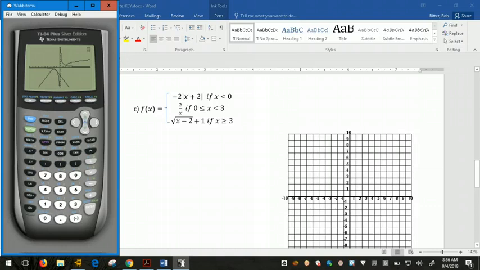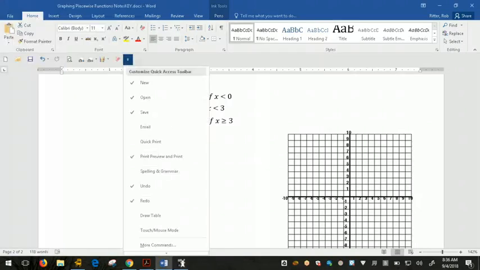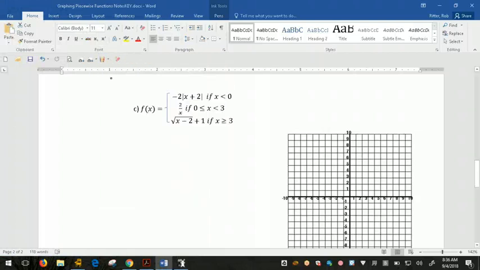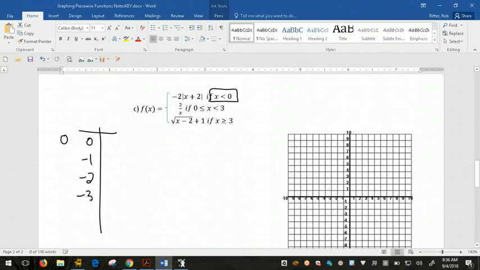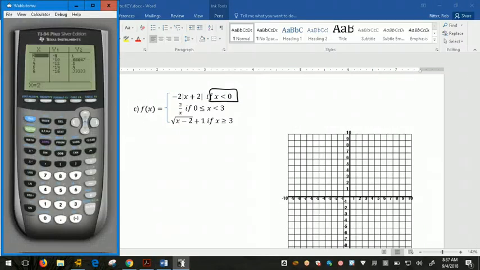So we have these functions, we can get our table, but as we make our table, we need to pay attention to where it exists. This one is for x is strictly less than 0, so I know there's going to be an open circle at 0, and it's going to go to the left infinitely. So this arrow is going to go on infinitely to the left. I'm going to plug this into that function that's in my first table, because that's my first function, y sub 1.